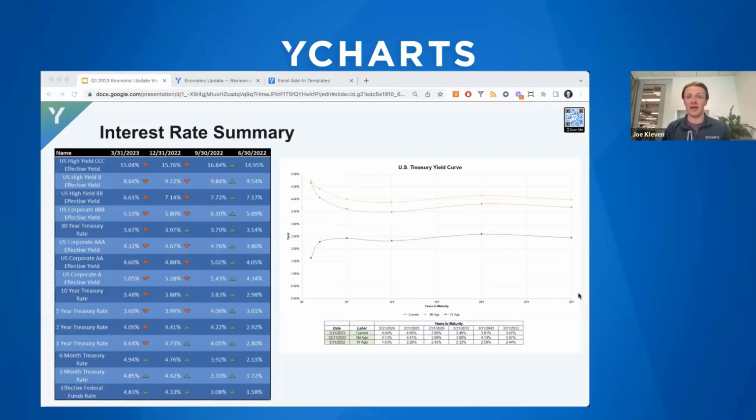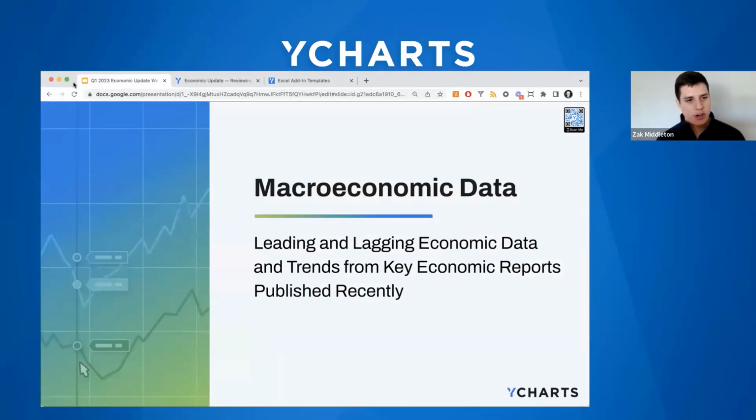So certainly interesting data for any recession watchers who incorporate yield spreads into their recession watch. An ongoing saga for sure.